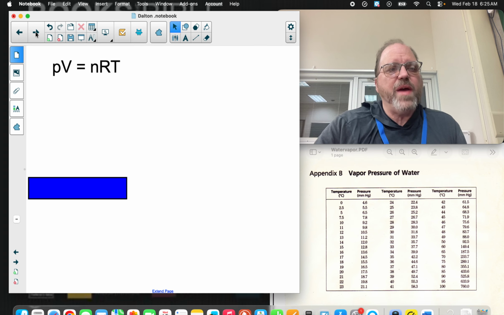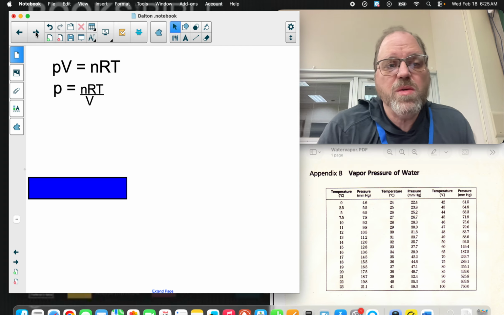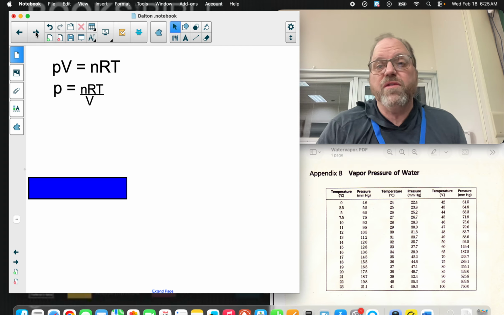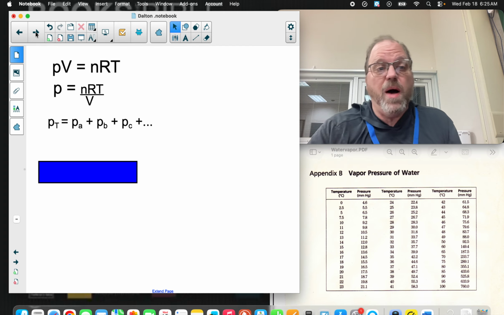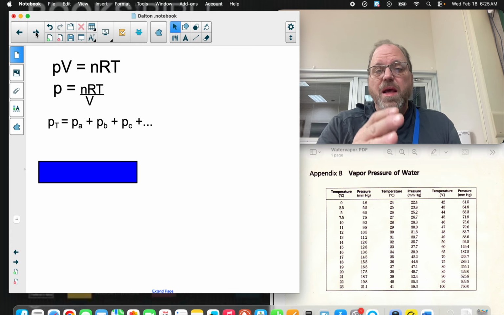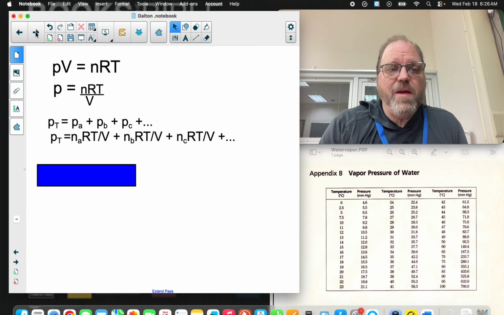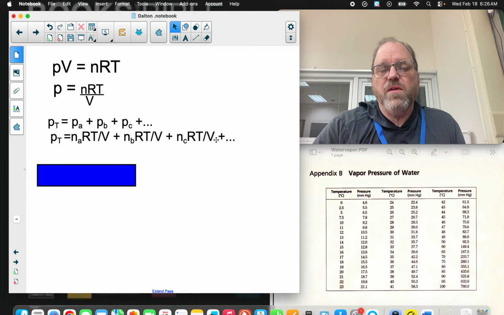If we take the ideal gas equation and move V to the other side, we get P is equal to nRT over V. Now, using Dalton's law, we can say that P of A plus P of B plus P of C plus so on, however many we have. So we can input those. Now, if you look here, we see RT over V, RT over V, RT over V. Those are exactly the same values.